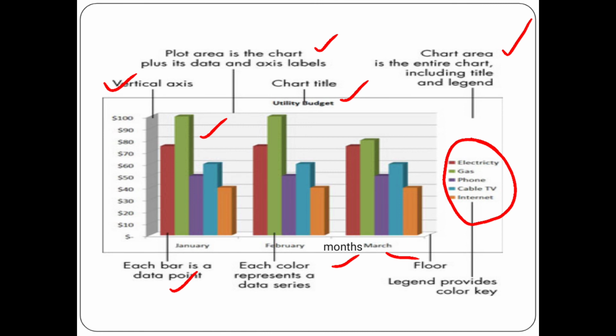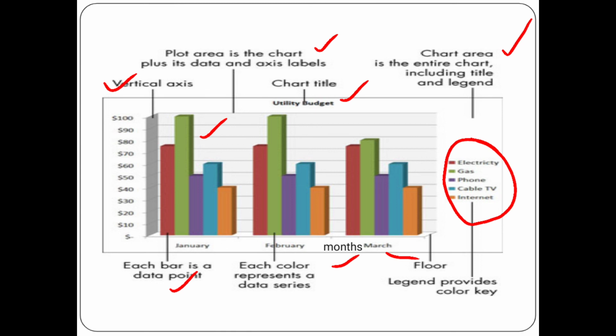So the elements of a chart are: chart area, plot area, data points, horizontal and vertical axis, legend, chart and axis titles, then data labels.